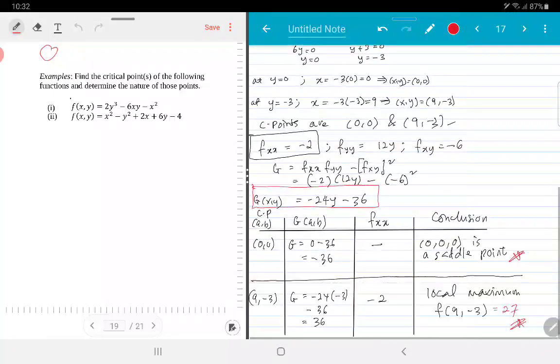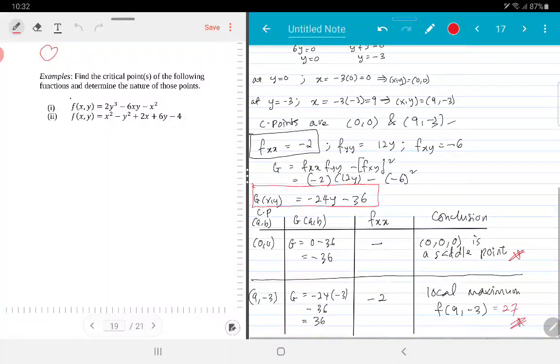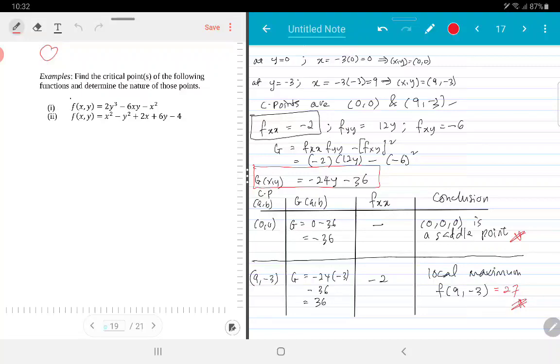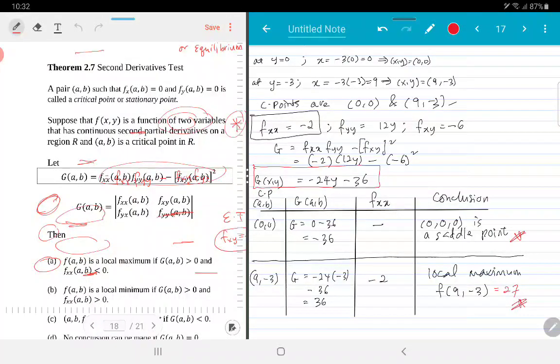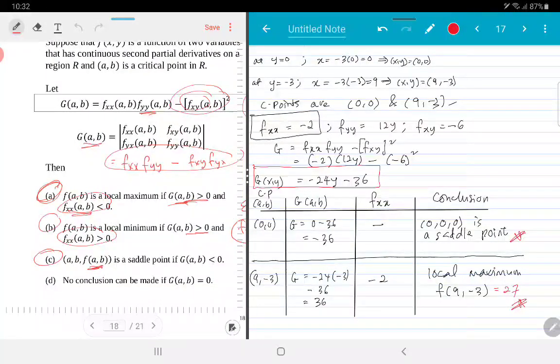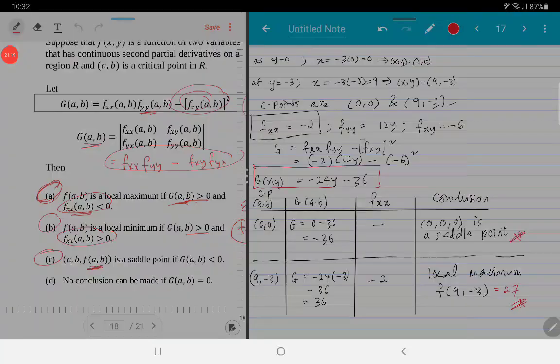Then you test the value of g at every critical point, and from there you can get the conclusion. Remember, when g is positive, you have two cases. It can be local maximum or local minimum, so you have to check fxx. But if g is negative, straight away you can tell it's a saddle point. That's all. Thank you.